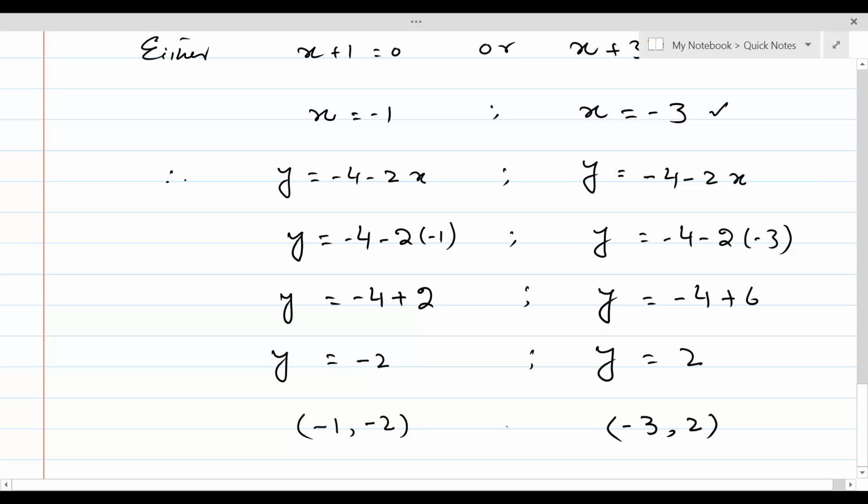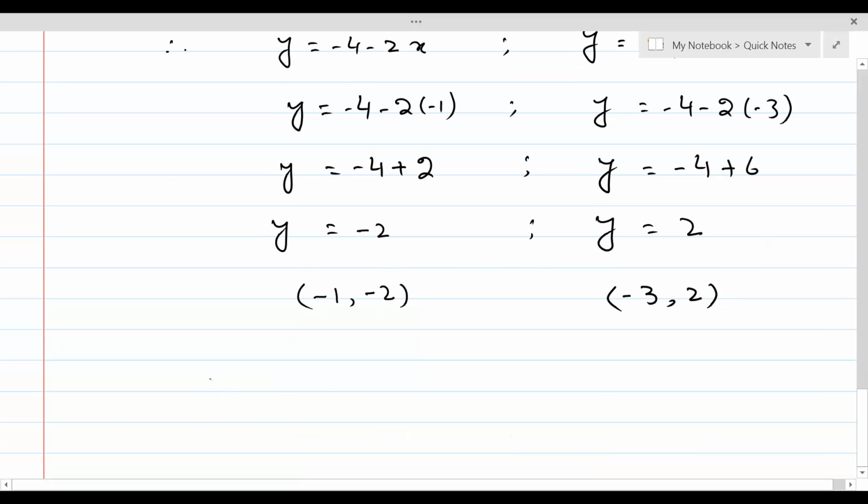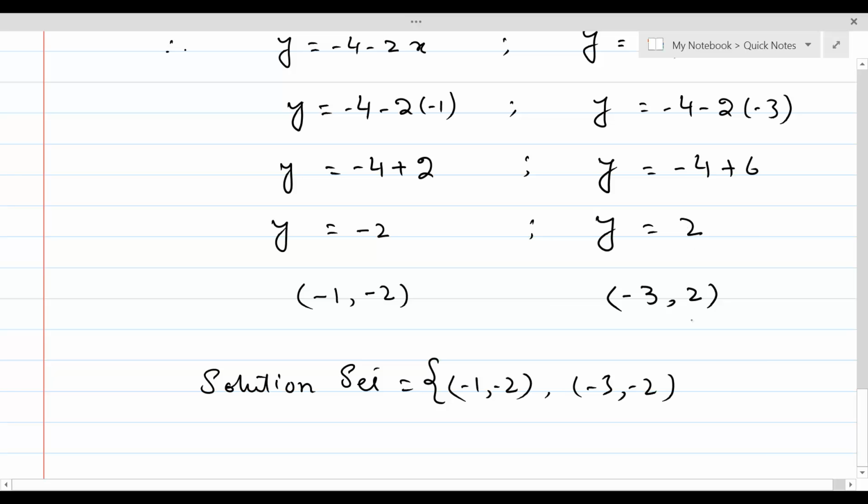So the solution set is minus 1, minus 2 and minus 3, 2.